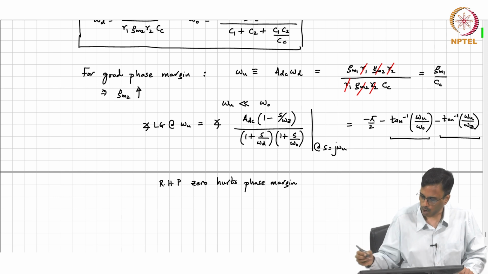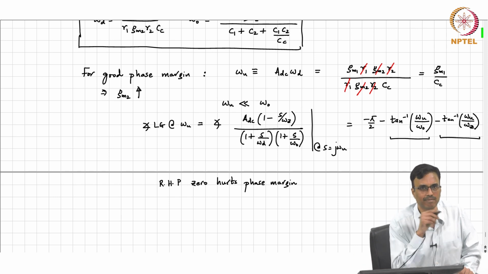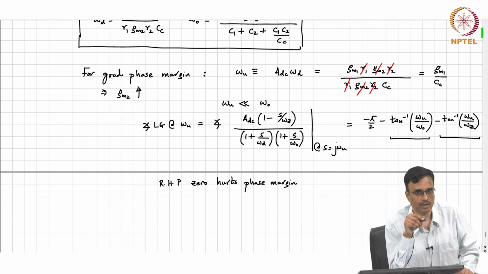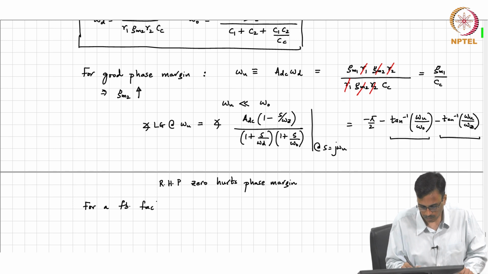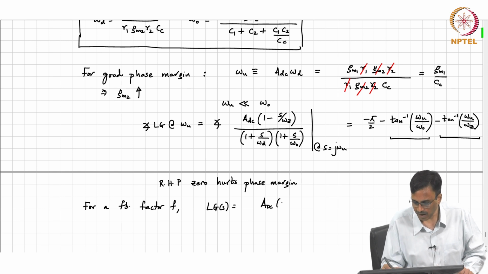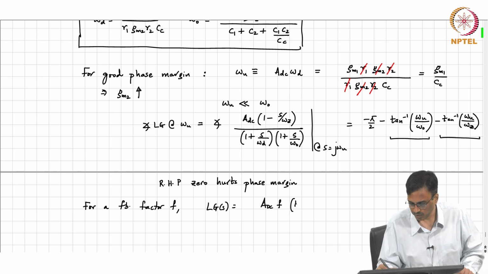So, let us say the op amp is enclosed in a feedback loop with a feedback factor f, all right. So, what is the loop gain function? The loop gain function will be this ADC times f times 1 minus s over omega z divided by 1 plus s over omega d times 1 plus s over omega naught.